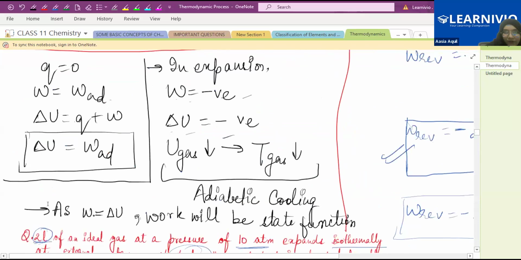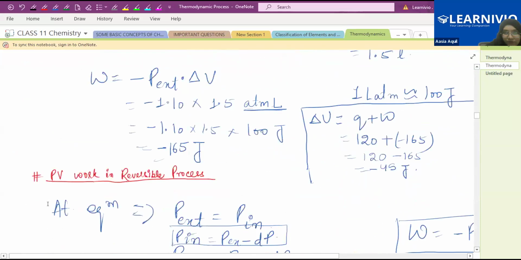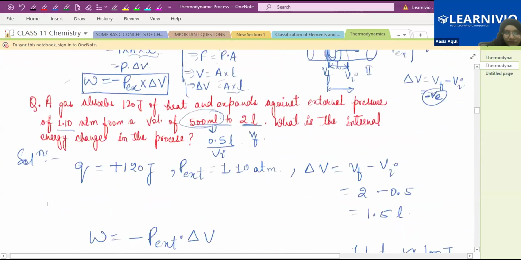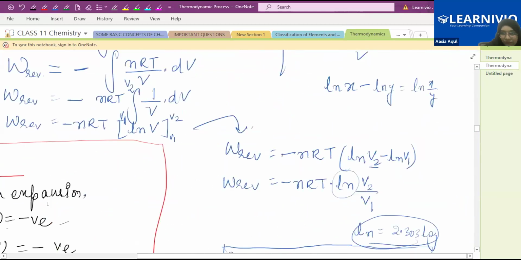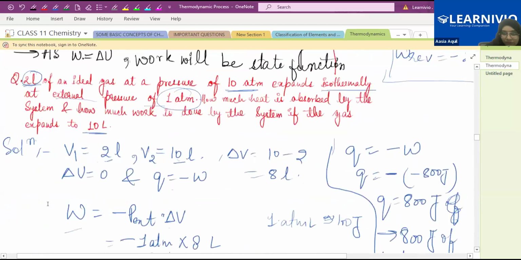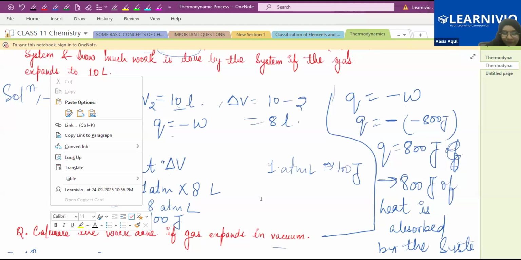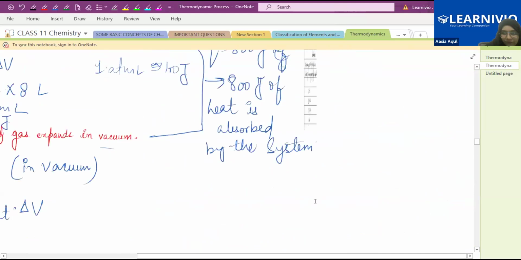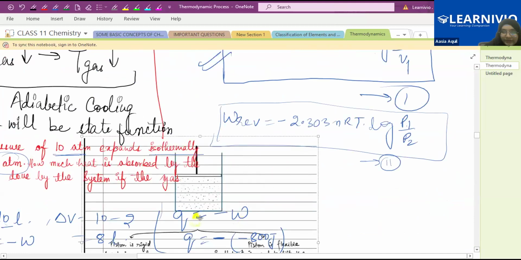Here we have discussed that, in this chart, in this table, in these notes.